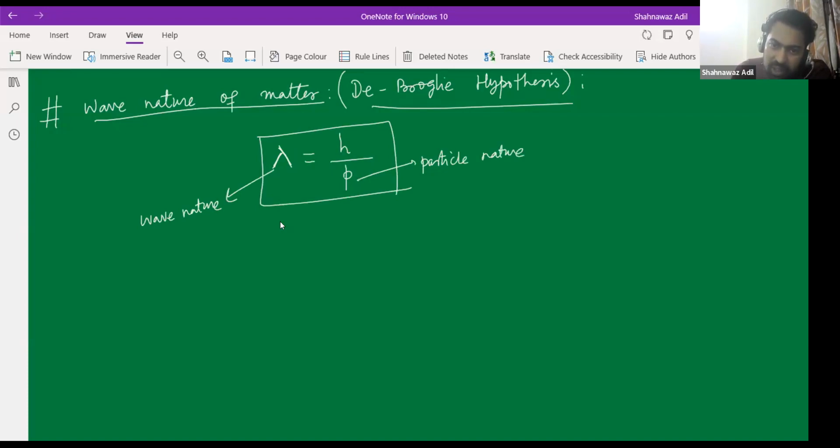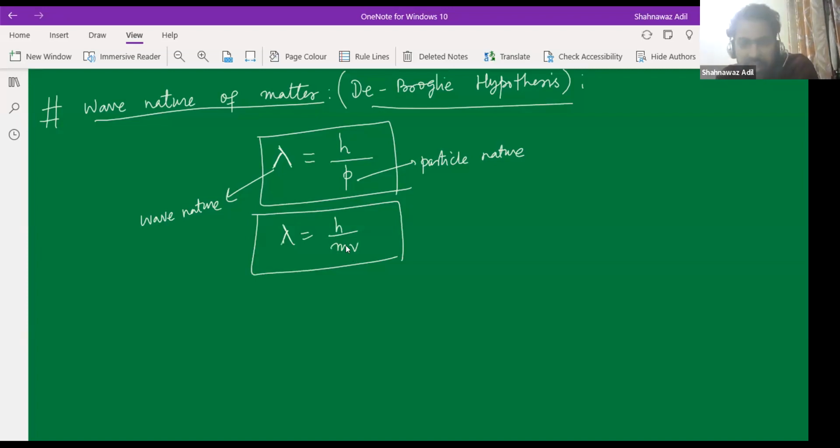So let's say the particle is moving with some velocity, so it will carry some momentum, and that momentum will be related to this wavelength. So this wave nature is shown by this de Broglie hypothesis, right? So this is the last topic of your dual nature of radiation and matter, and there are several questions depending upon this.